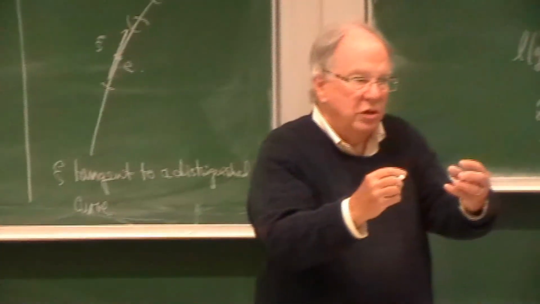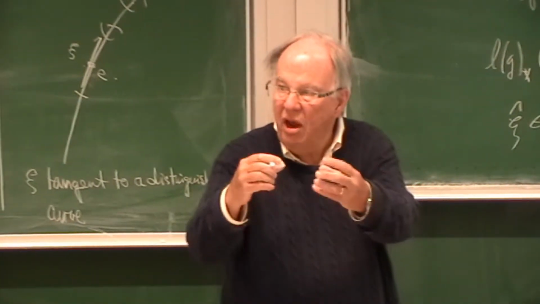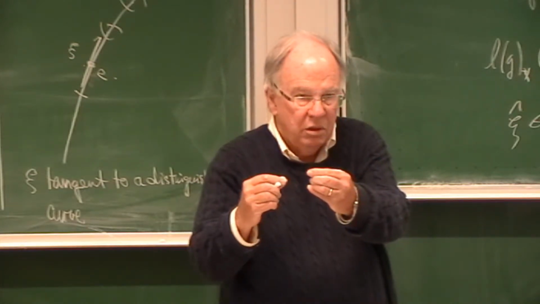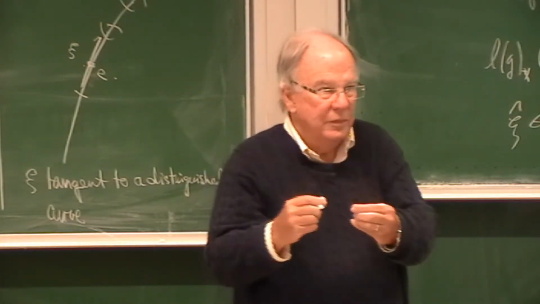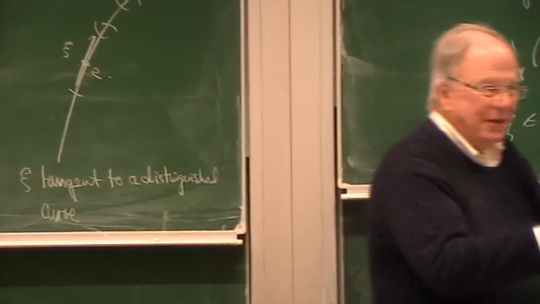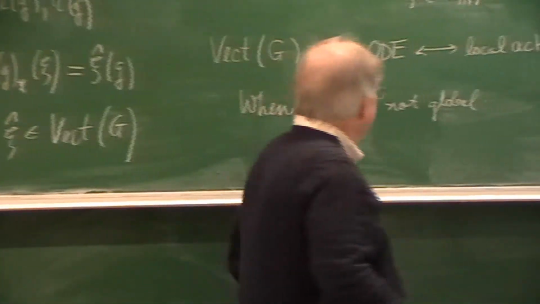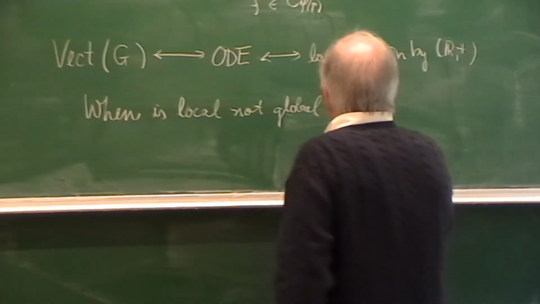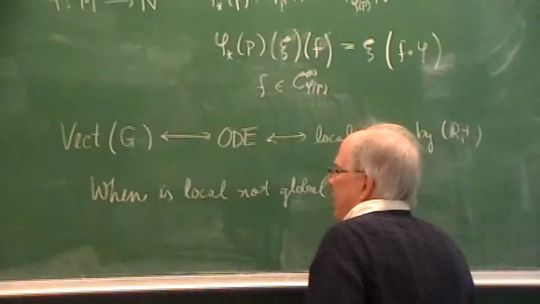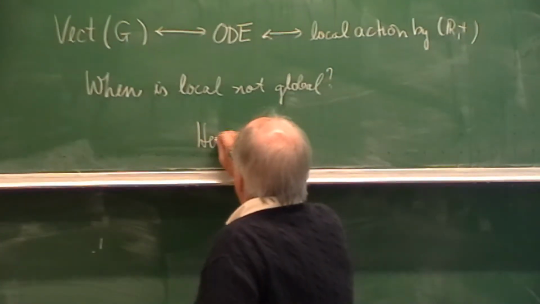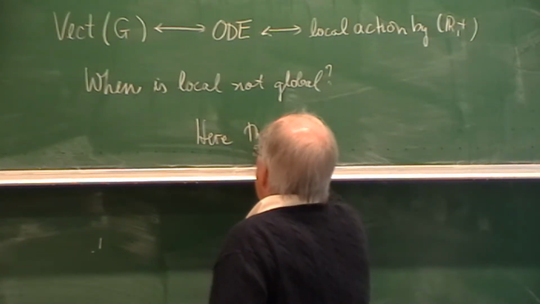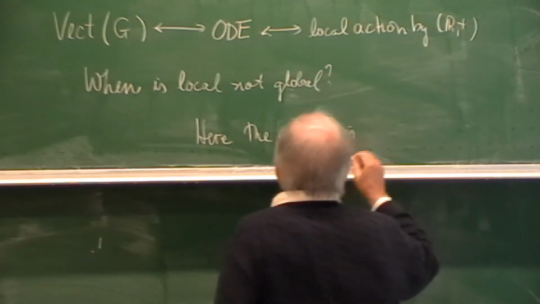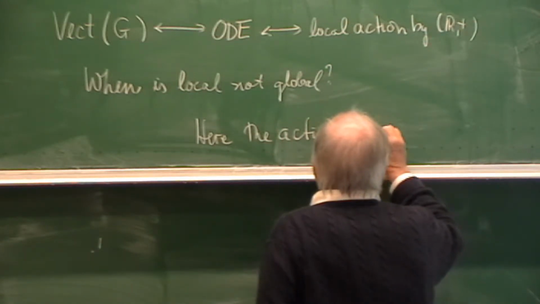What happens that local actions are not global is the time that they're defined for goes to 0 along an orbit, right? So this is a good question, and here the action is in fact global.